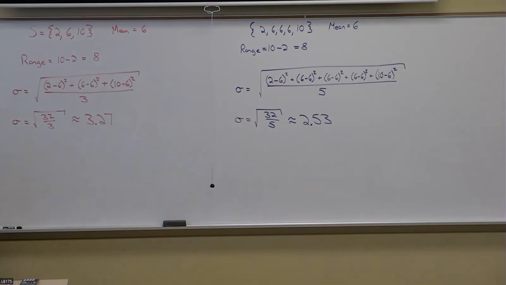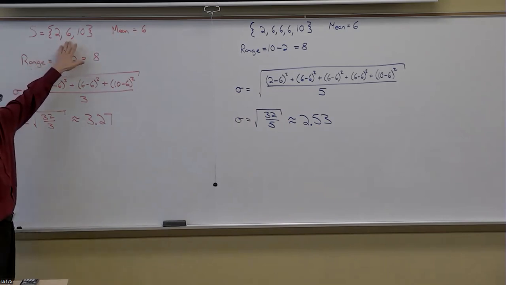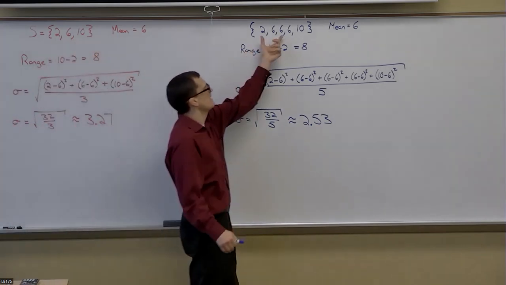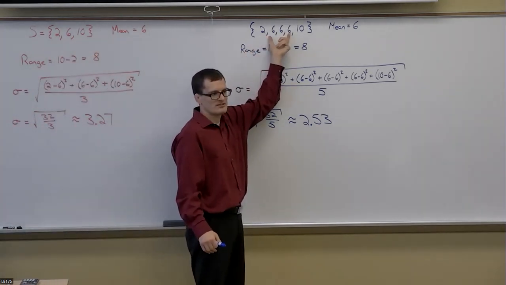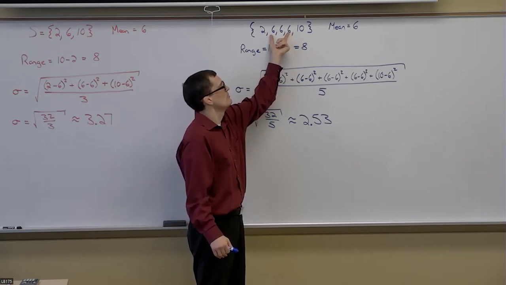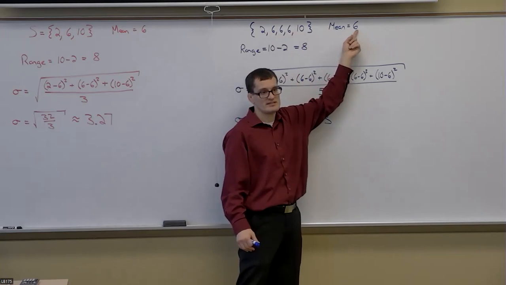Now I put these two back to back so that you can see what the effect of adding more numbers does. In some sense, this one is a little bit more spread out because there's a lot of middle numbers here, right? This is taking into account all these middle numbers, which happen to be right on the mean.